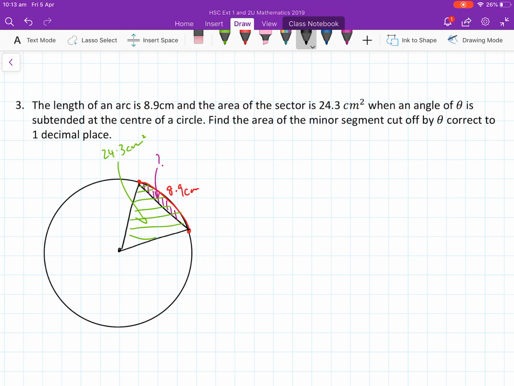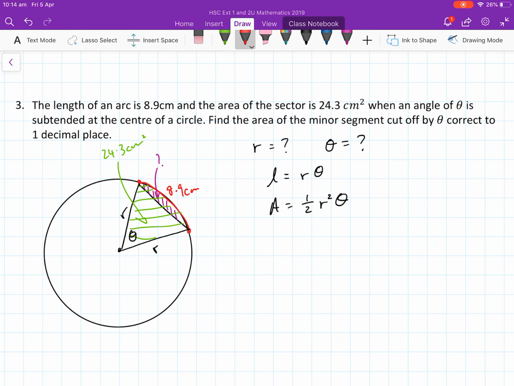Now, the angle in the middle is theta, and we also don't know what r is. But we're given two things, which is going to allow us to find r and theta. So r equals question mark, theta equals question mark. We need both of those to work out what the minor segment is. So we do know, however, that L is equal to r theta, and A for the sector is half r squared theta.